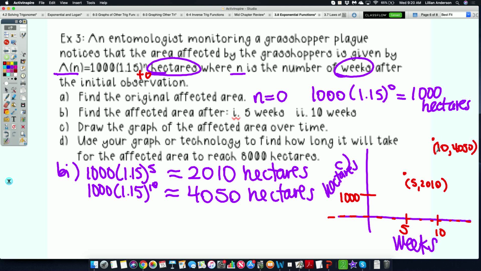So this graph is going to increase or decrease? Increase. So it's going to cross through the 1,000 and continue to go up. We want to make sure that we highlight key features when it asks us to draw an exponential function.